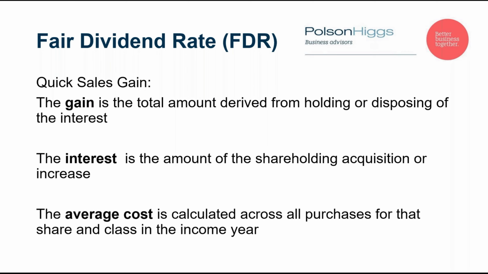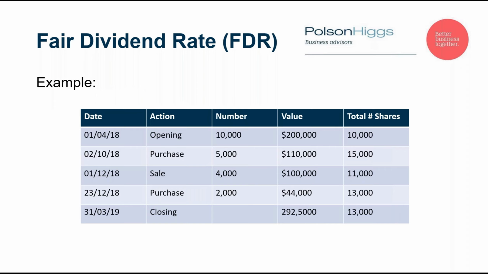So let's have a wee look at an example here. Here we've got a person that started with 10,000 shares worth $200,000 on 1 April, purchased 5,000 shares in October at $110,000, sold 4,000 shares in December for $100,000, purchased some more shares in December, 2,000 of them for $44,000, and had a closing value of $292,500.